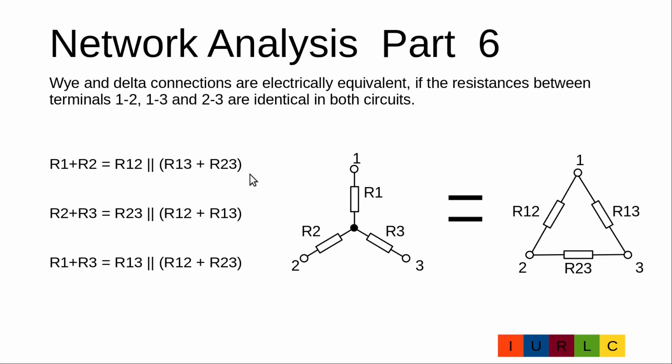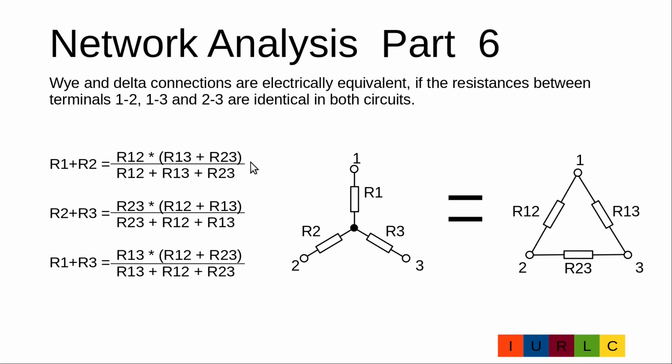With the formula for parallel resistors, we can transfer these three equations into the following format. R1 plus R2 is equal to R12 times (R13 plus R23) divided by (R12 plus R13 plus R23). The same for the other two equations.